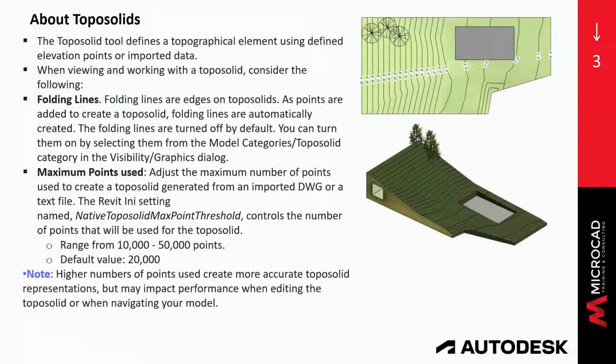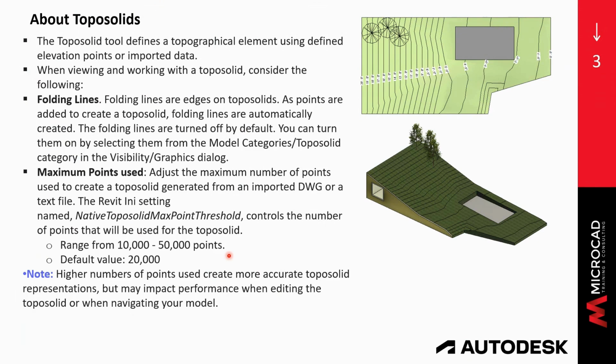So the amount of points is, as you can see, huge. Let me point that out. You can go from 10,000 to 50,000 points for creating a Toposolid.